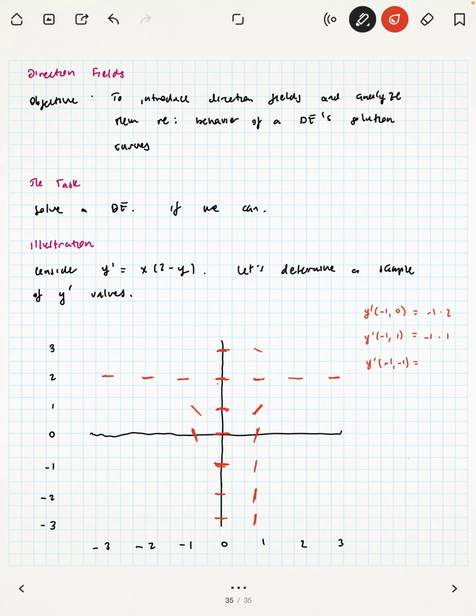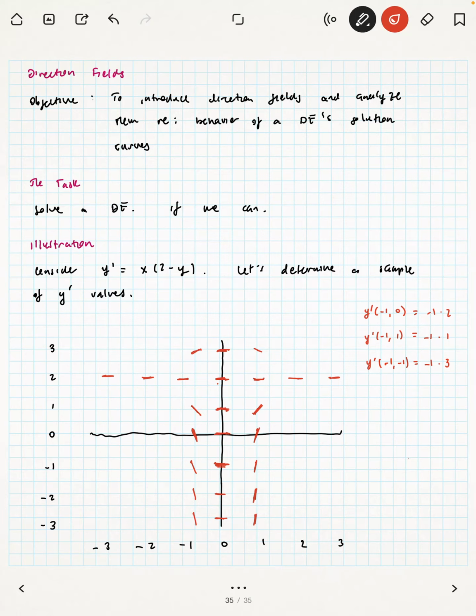So if we plug in negative 1, I'm looking at the one below the one I just drew, or sorry, the one in the negative 1 spot. It's going to be negative 1 times, what is that? If you plug in negative 1, that's going to be 3, right? So the slope is getting steeper and steeper, okay? So mirror image.